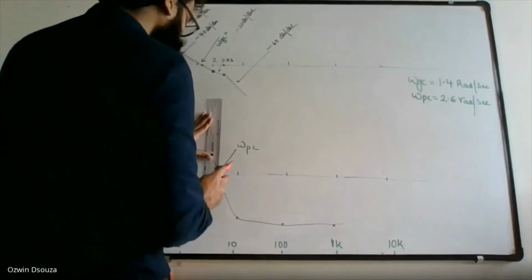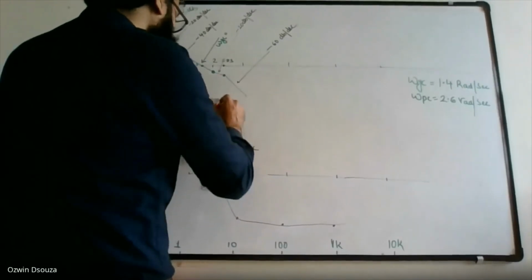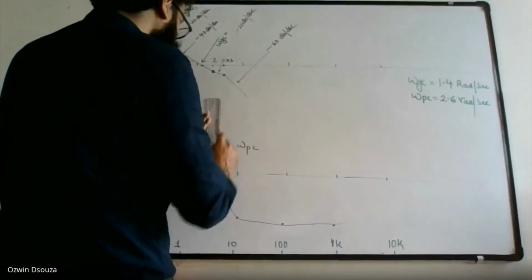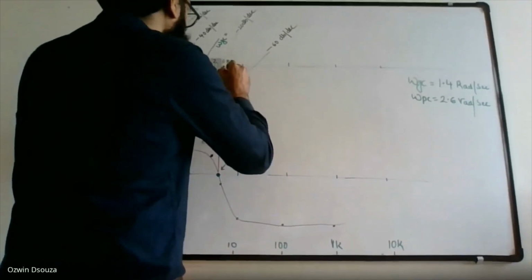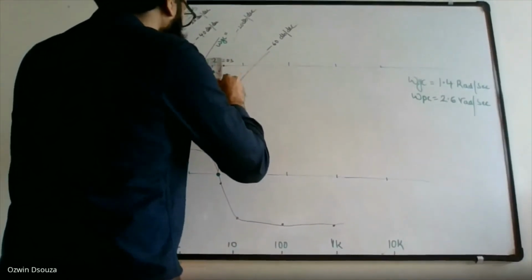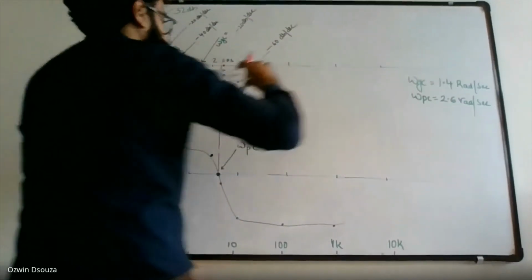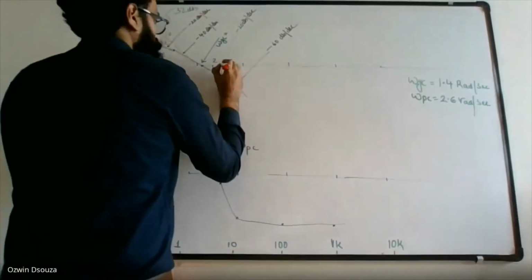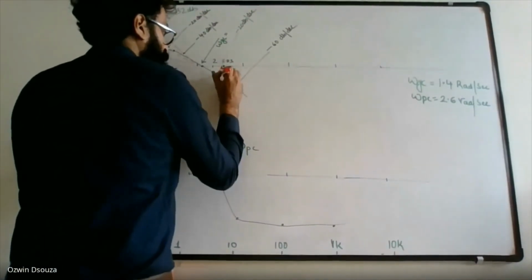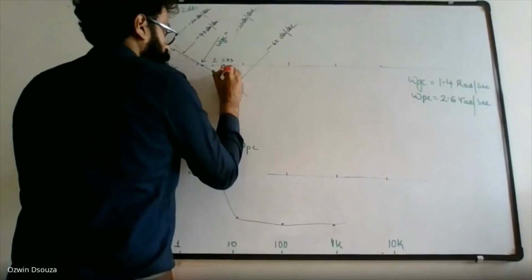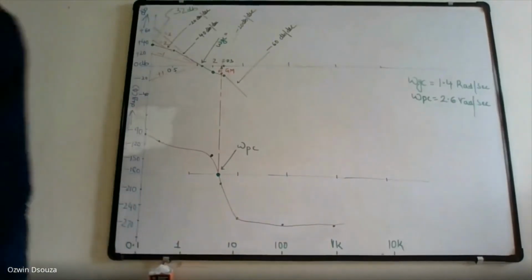Okay? So to find the gain margin, what you do? Draw an extension line from omega PC towards the magnitude plot. And this particular distance gives gain margin.